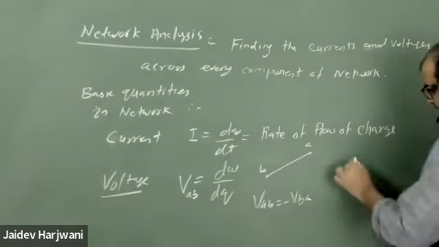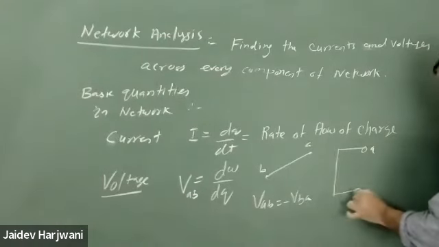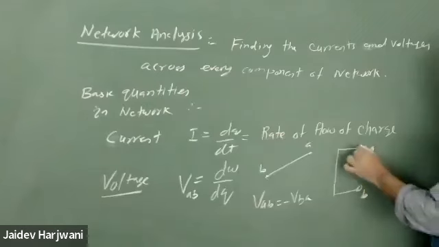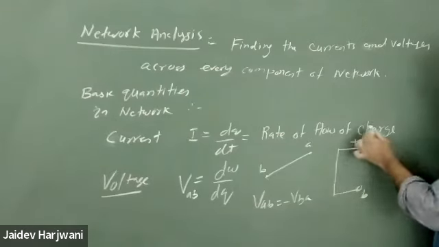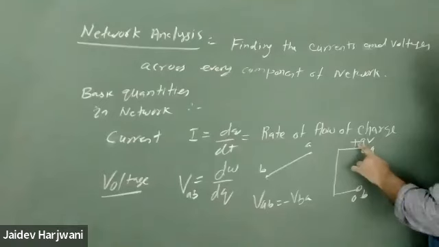For example, if I have a terminal called a and a terminal called b, and I say terminal a has 9 volts compared to b, this is equivalent to saying that b has minus 9 volts with respect to a.